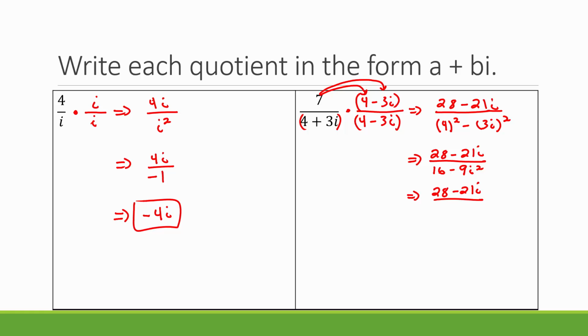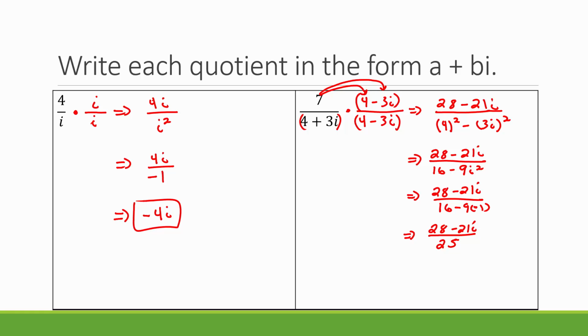So we have 16 minus 9 times negative 1, which is 16 plus 9, or 25. Now, we want to write our answers in a plus bi form.